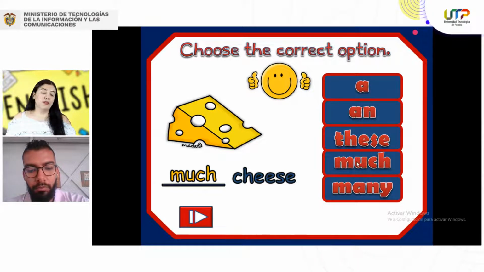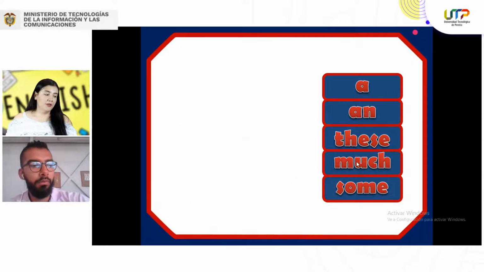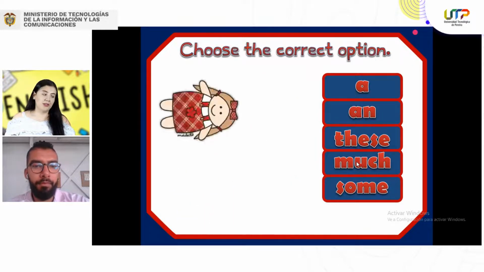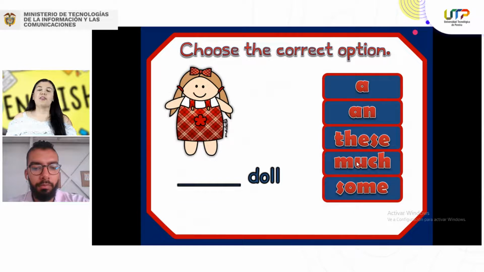Next round. What about this one? Look, a doll. Una muñeca. ¿Será que puedo contar muñecas? Doll. So we got different options. It's only one, okay? A, an, this, much, and some. What do you guys think is the correct option for doll?